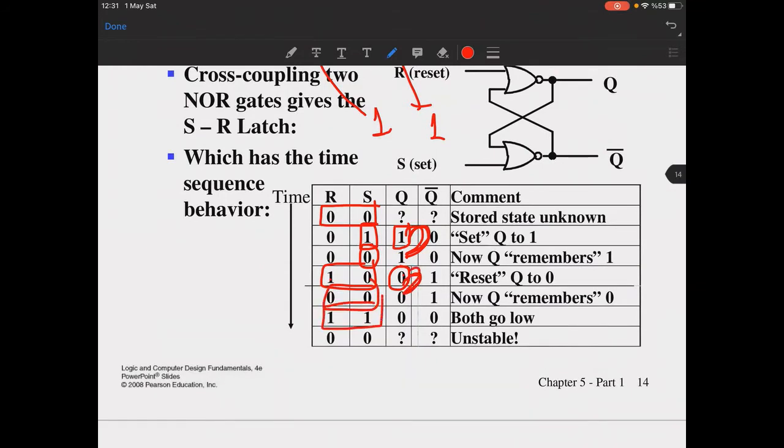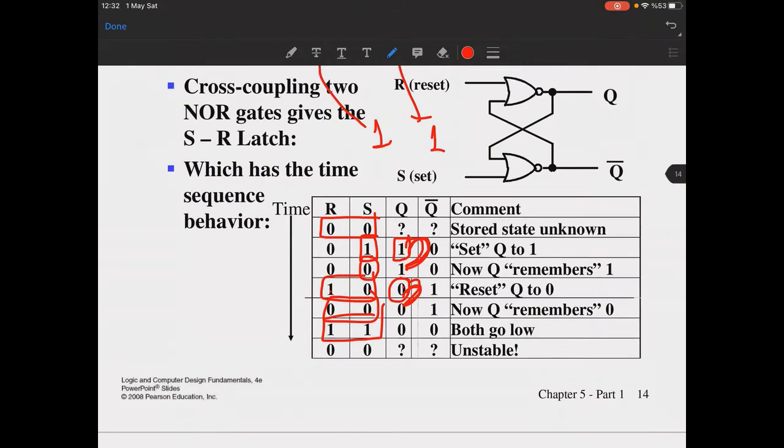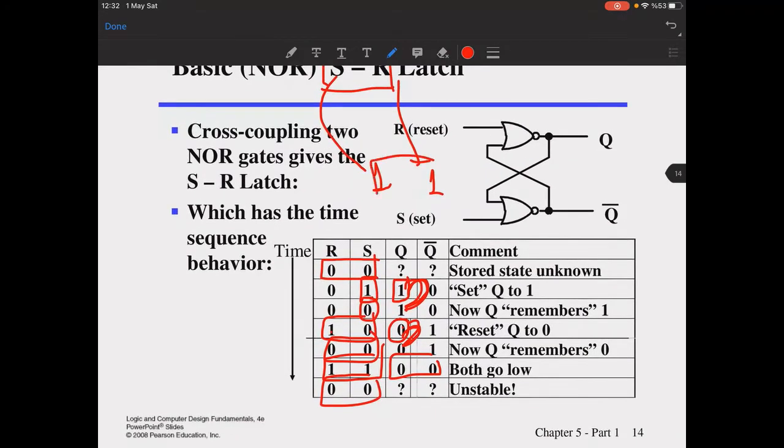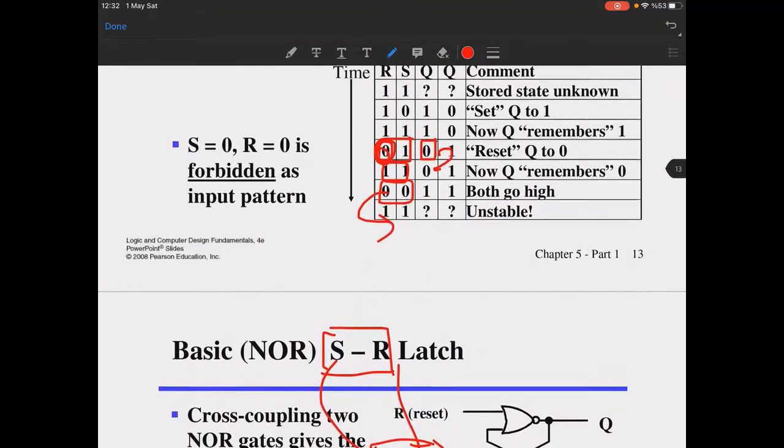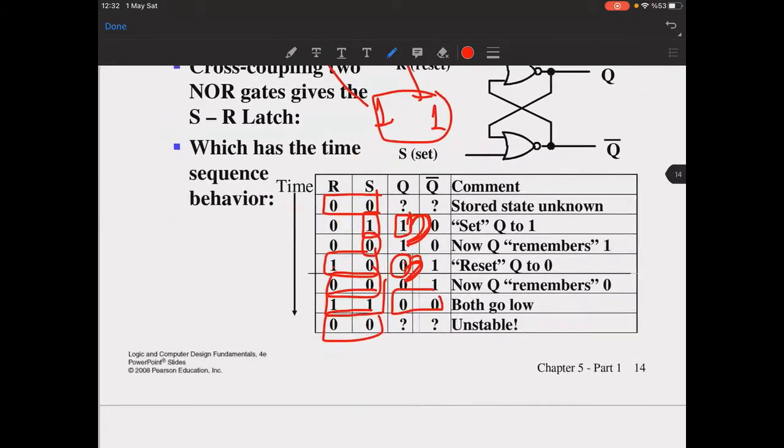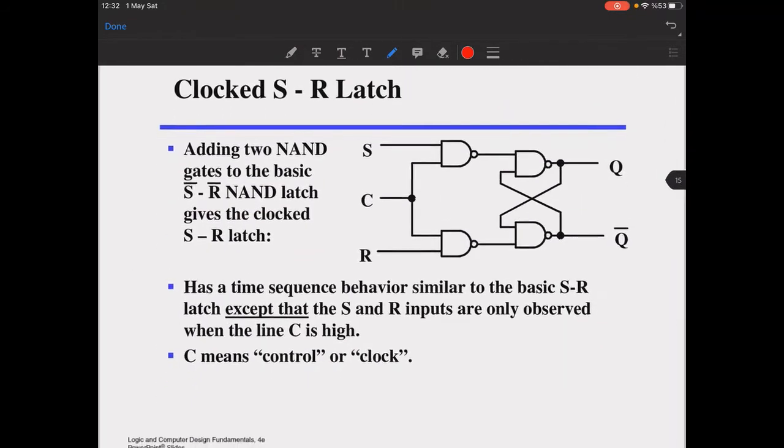This one is forbidden now because if you set and reset at the same time, it's something like an unstable thing, and you shouldn't. You should avoid this 1-1 combination here instead of 0-0 here. Again, this one is a forbidden combination.